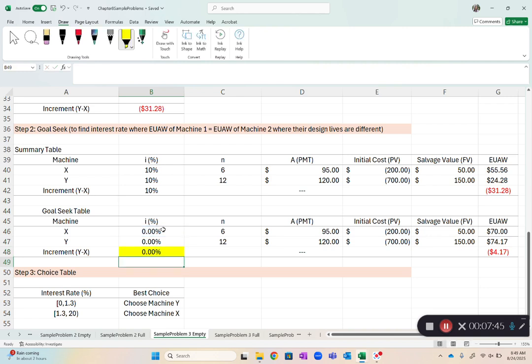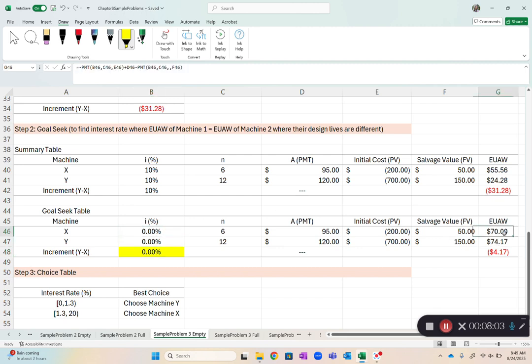I'm going to have Excel solve for that cell for me, and I need that to be referenced here and here. So I can't have individual interest rates here. They all need to go back to the same one.